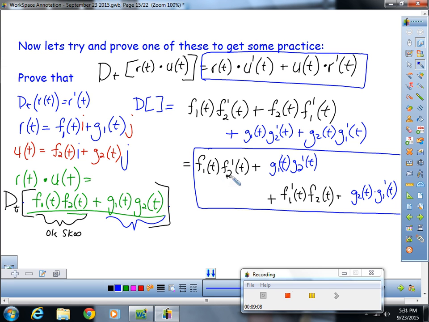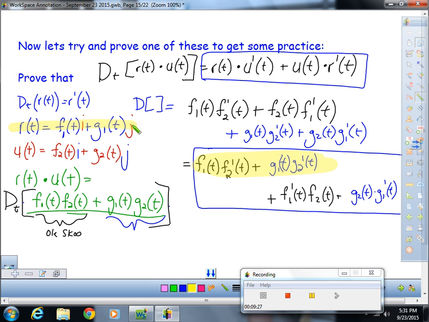f1 of t times f2 prime of t plus g1 of t times g2 prime of t. Well, I can take this highlighted piece here, and what is that? That is, well, look, that is r of t dot g prime of t.